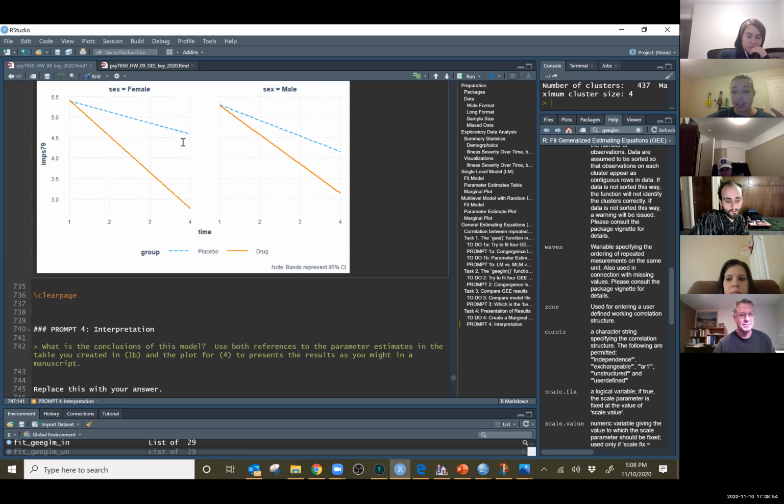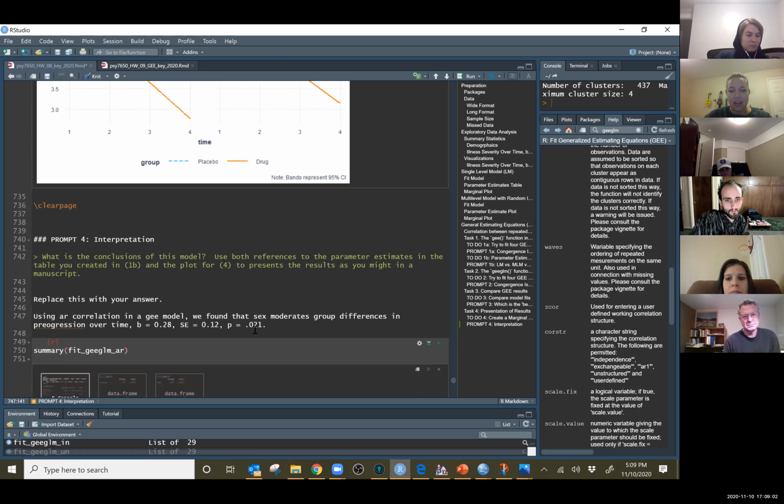Now, I said reference categories first. So I would say for females in the placebo group, females in the placebo group decreased a little over a quarter point each time interval. And again, I'm typing, and I'm not a good typer anyway.